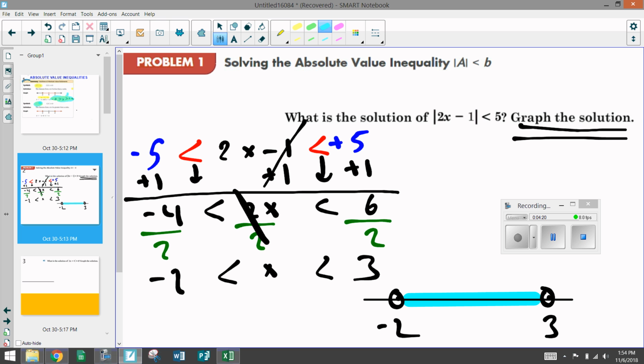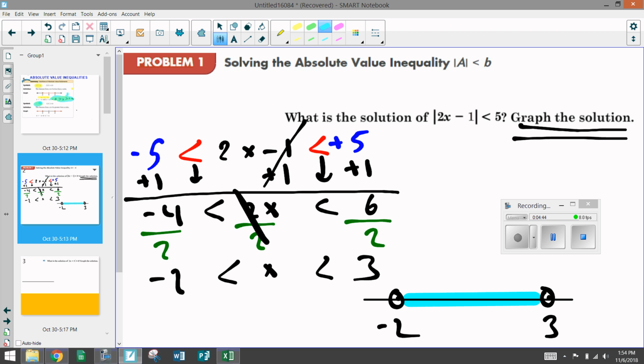Why in between? That's a good question. Let's interpret. Close this one, what do you see? X is greater than -2. Right?